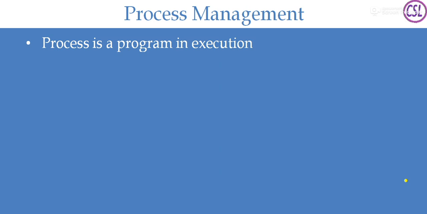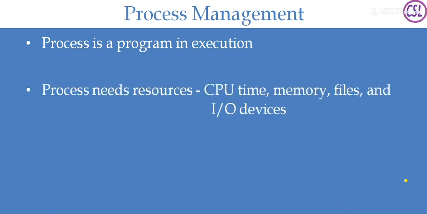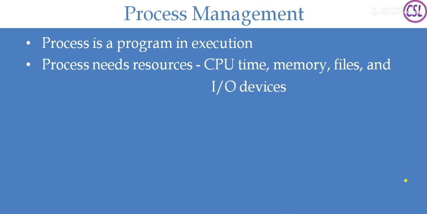Now what does a process need? While executing any program, it needs some resources. What are the resources? CPU time, memory, files and I/O devices. Take the C program example. To execute any C program, we need memory because we are dealing with variables. For each and every variable we need memory.